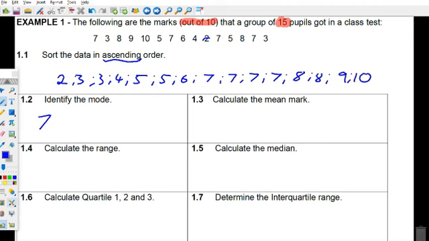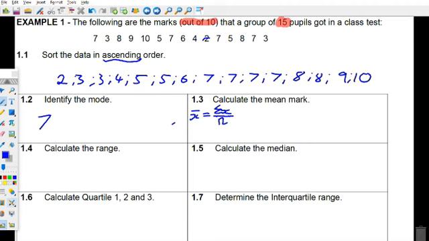Now calculate the mean mark. My mean is my average. Let's use the formula: my average is equal to the sum of all my points divided by the number of points. What's my n? 15, because there are 15 kids.